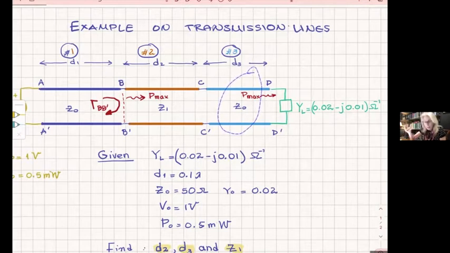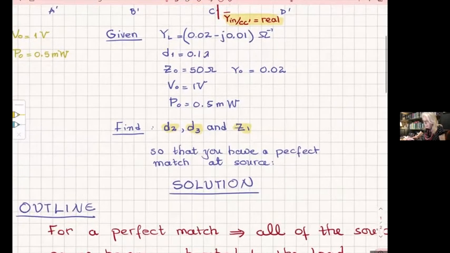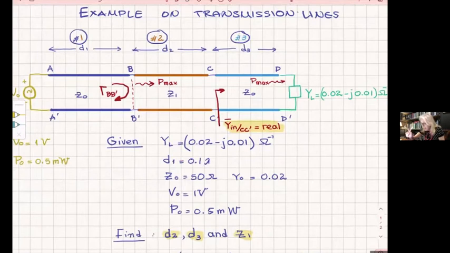So at this point in the line, right here, this input admittance, input at C prime, is real. Follow my thought: if this is real, then I can find this to be real.